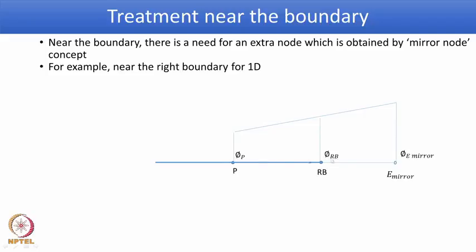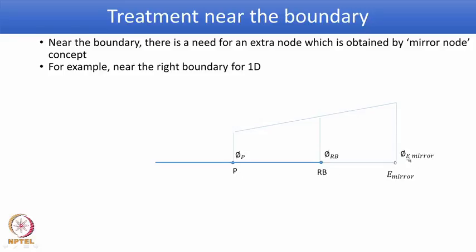Beyond this you construct another node which is known as a mirror node, and for convenience, it is taken at the same distance as the distance between node P and the boundary.